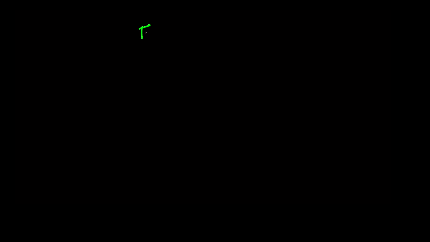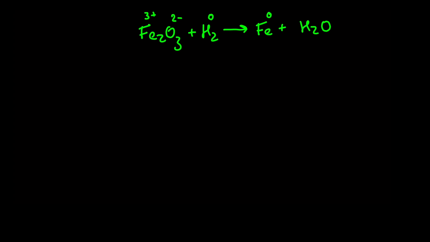Okay, what if we have a reaction where iron three oxide reacts with hydrogen gas? In this reaction, pure iron and water are produced. Let's look at the charges. For iron, it's 3 plus, and oxide is always 2 minus. Because hydrogen and iron are pure elements, their charge is 0. And in water, hydrogen is plus and oxygen is 2 minus. Now how about the half reactions?